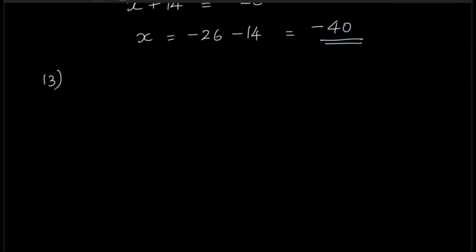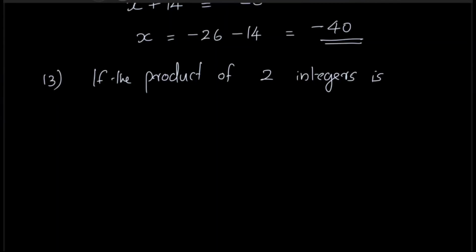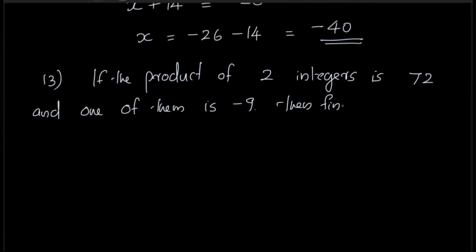Next is our 13th question. If the product of two integers is 72 and one of them is negative 9, then find the other.